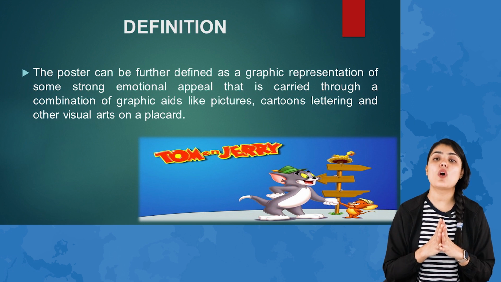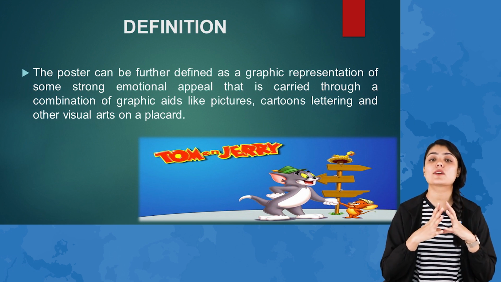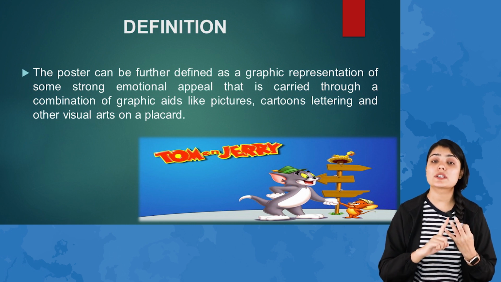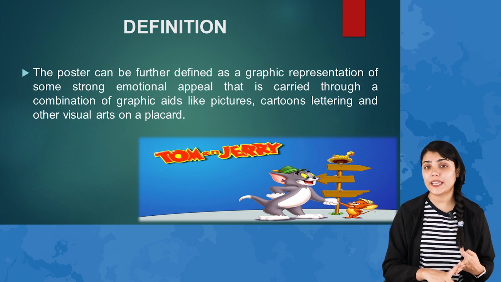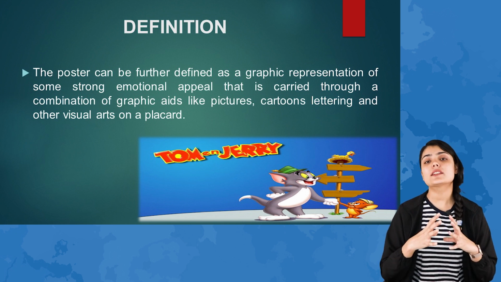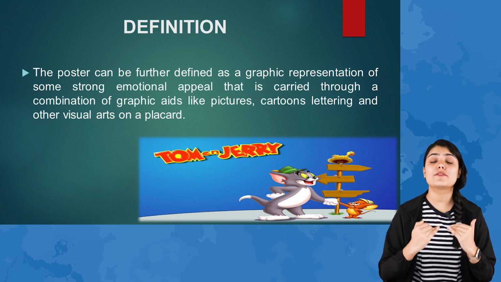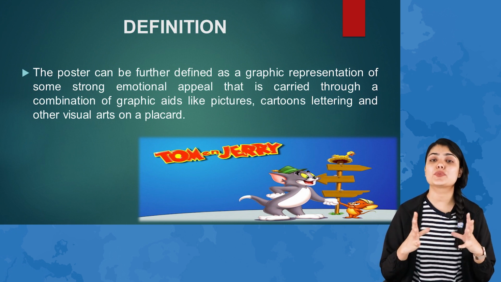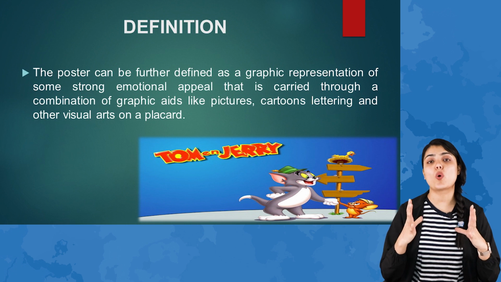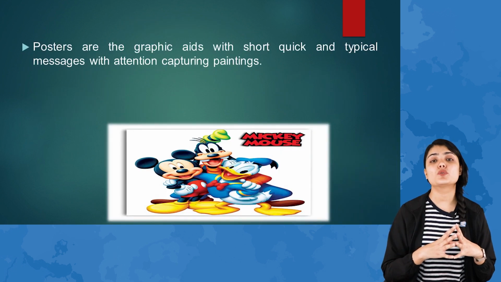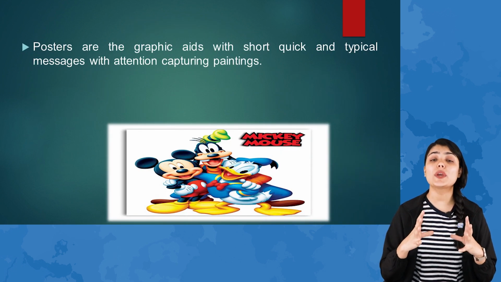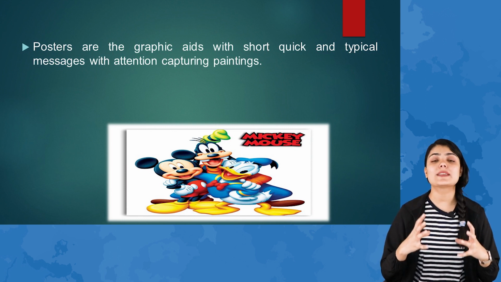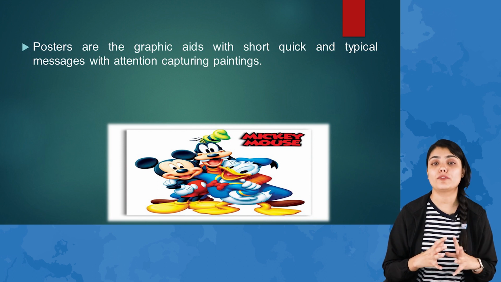So the definition says that it is a combination not just of pictures, but of pictures, letters, cartoons and various other visual aids combined together, and posters are used to convey a certain message to the people. As I said, there are letters used on the posters. Posters usually consist of short and quick messages for the viewers, and the messages are such that they gain the attention of the viewers.